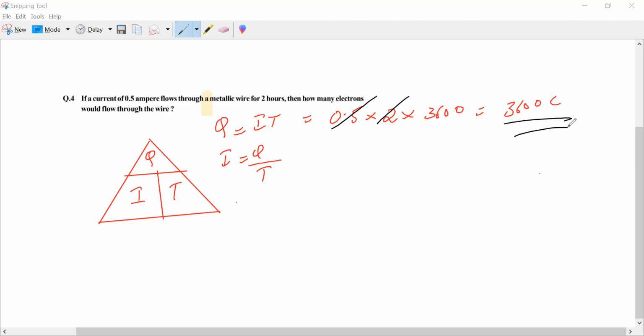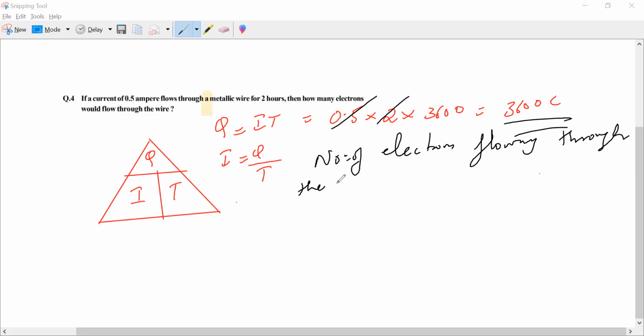Correct. Now the question here is how many electrons would flow through the wire. So the number of electrons flowing through the wire, by passing a charge of 1 Faraday.